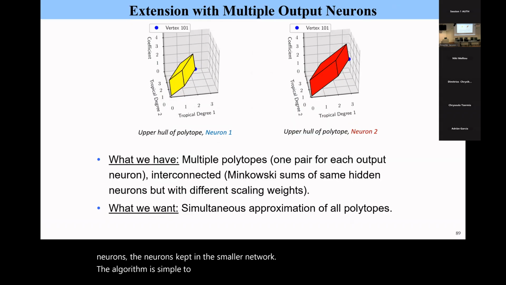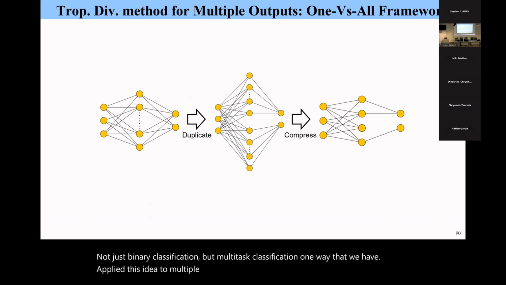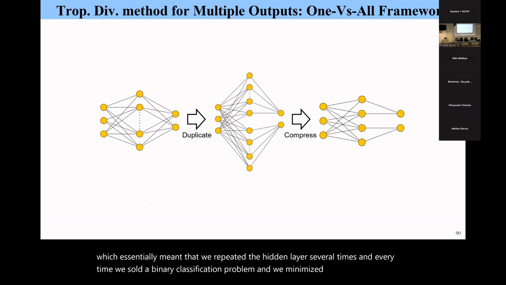The question is how to extend that to multiple output neurons and perform not just binary classification, but multitask classification. One way we have applied this idea to multiple outputs is by using a one versus all framework, which essentially meant that we repeated the hidden layer several times, and every time we solved a binary classification problem, and we minimized each one of the networks.